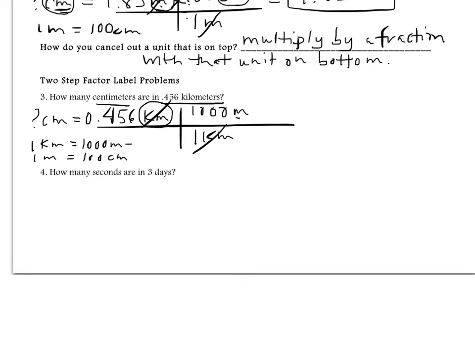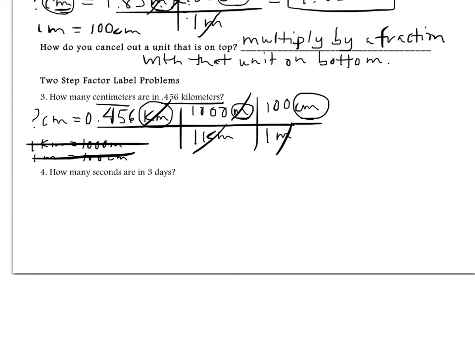Now, if I solved right now, my final answer would be in meters, which is not what I want. So I have to put another link in my picket fence. Now my goal is to get rid of meters. So using my second conversion factor, I'm going to put meters in the bottom, 100 centimeters on top, and that allows me to get rid of those meters that I didn't want. I've now used both of my conversion factors.